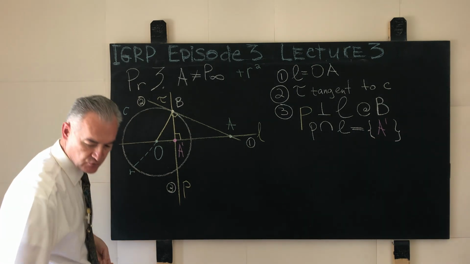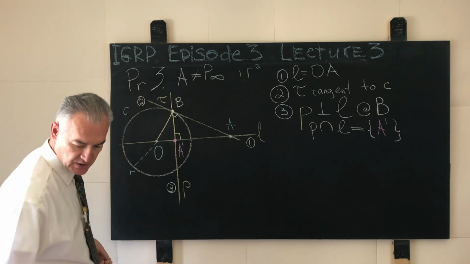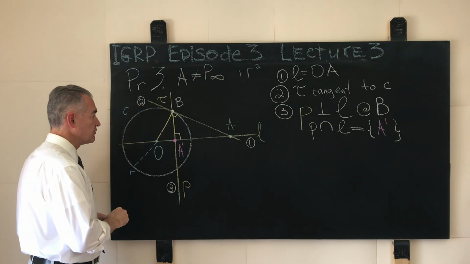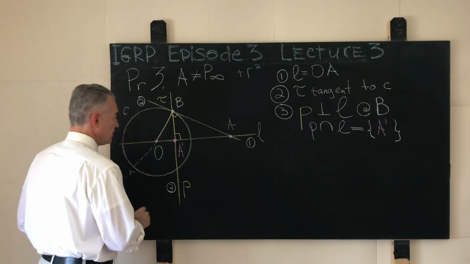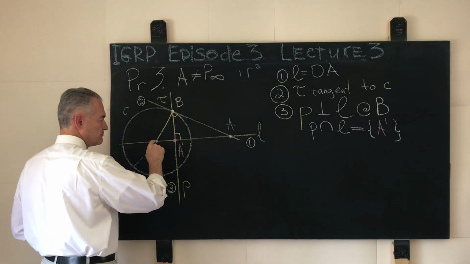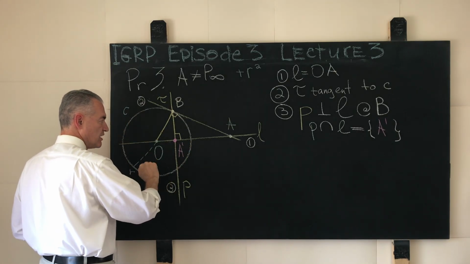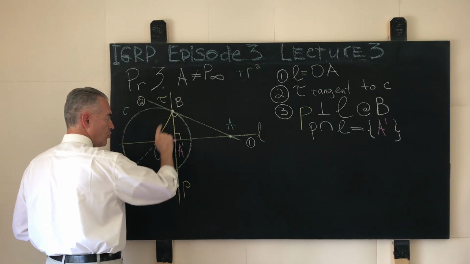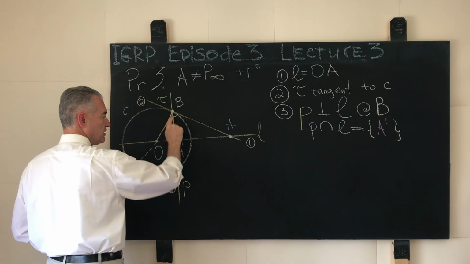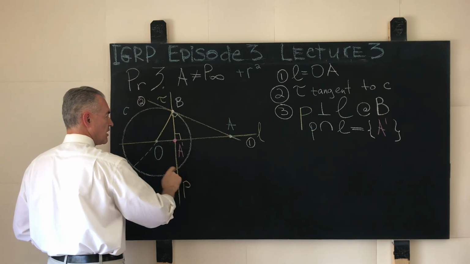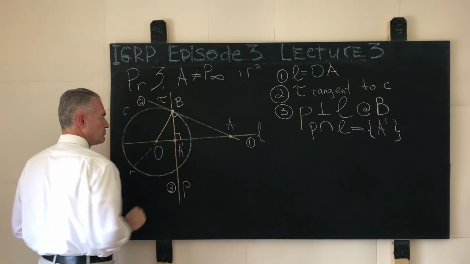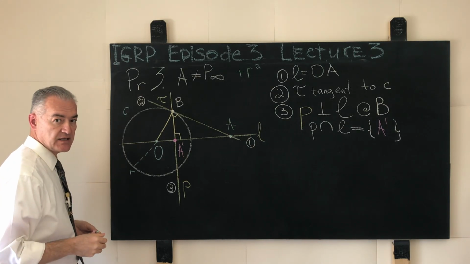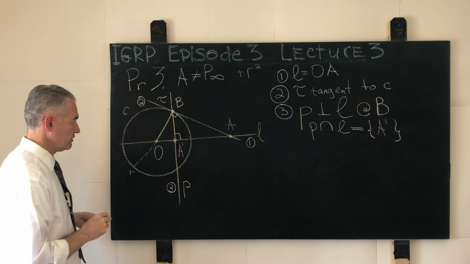And what is the proof of that statement? Well, at this point, you should be telling me what the proof is. Again, we have how many? We have three right triangles. The triangles OBA, BA prime A, and BA prime O. These three triangles are similar by AAA, angle, angle, angle.